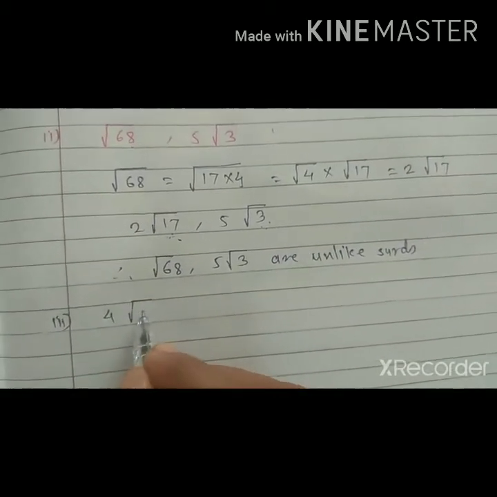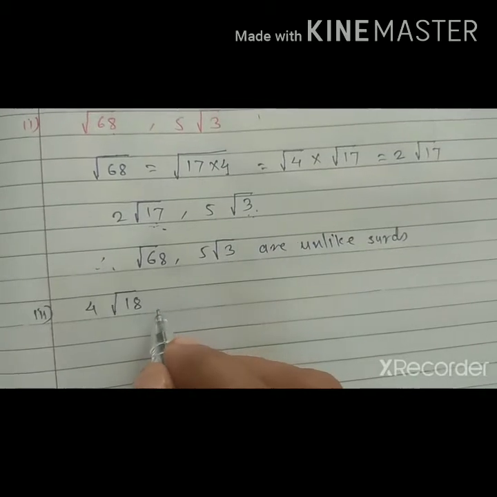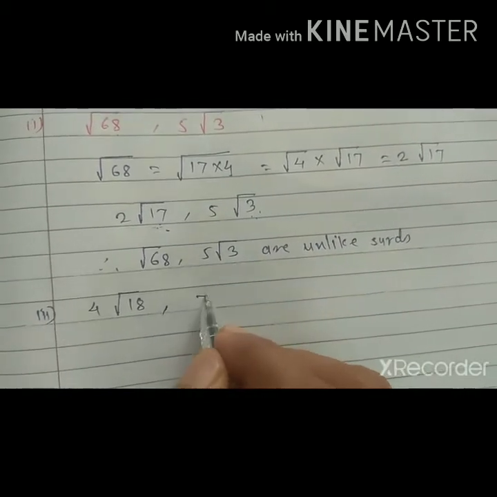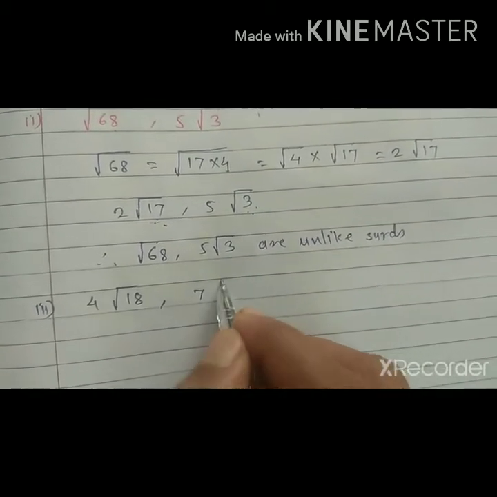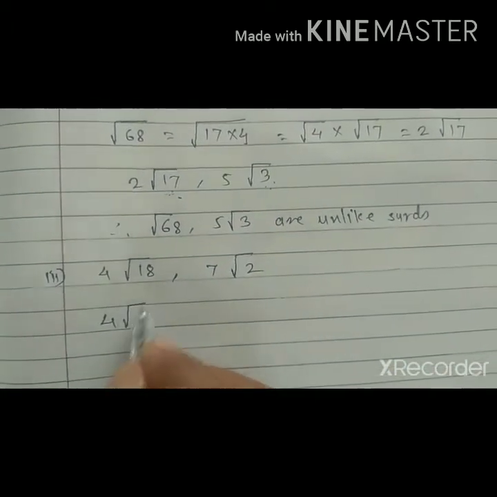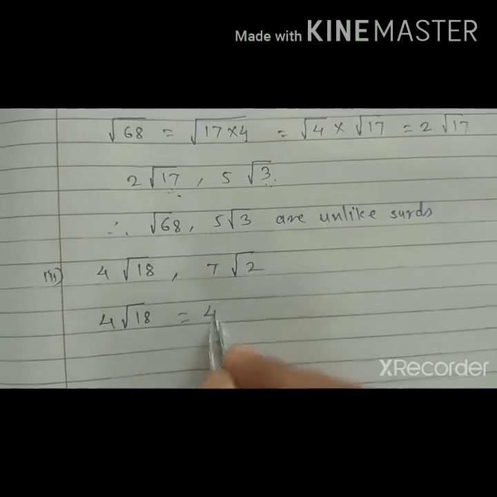So next third, 4 into square root 18, 7 into root 2. So 4 into root 18, 4 is a mixed surd.